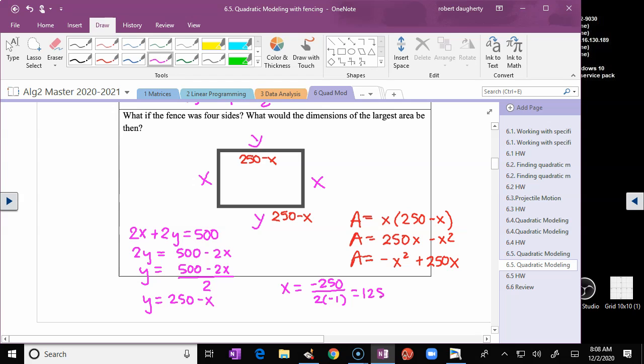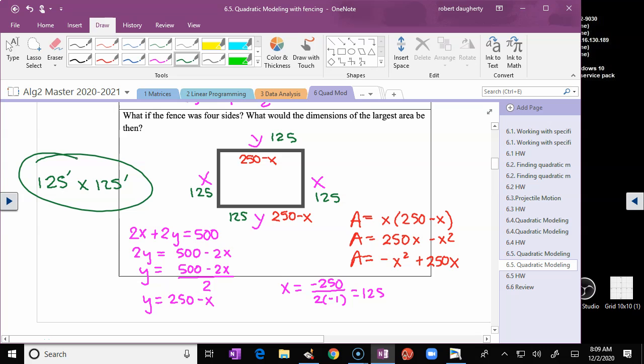That tells me this side is 125, this side is 125, and then 250 minus 125, this side is 125, and this side is 125. So that is really a square. The dimensions here are 125 by 125 if I had a four-sided fence, okay?